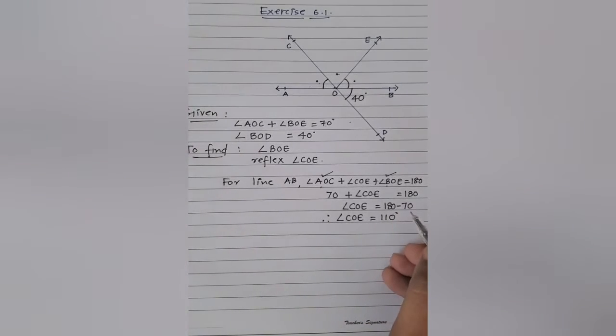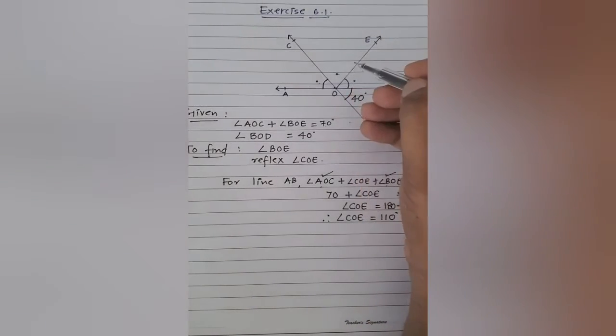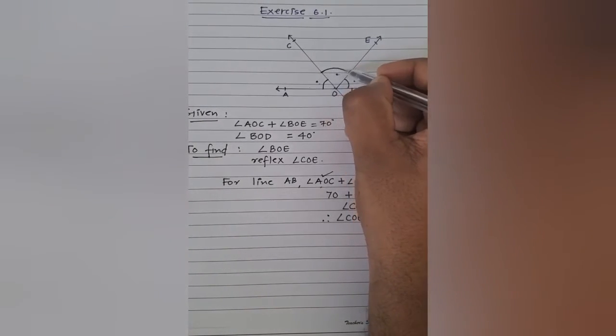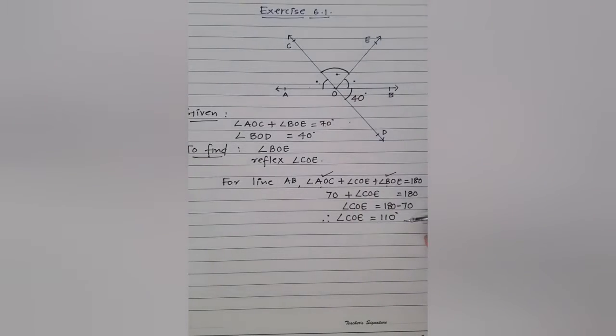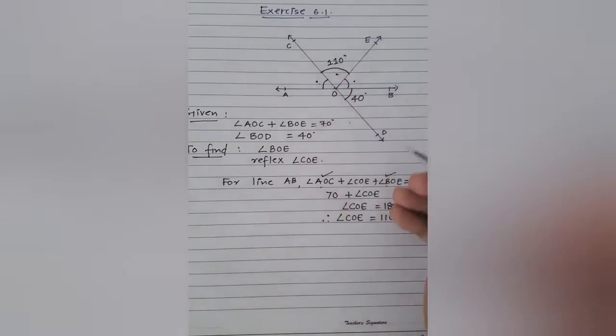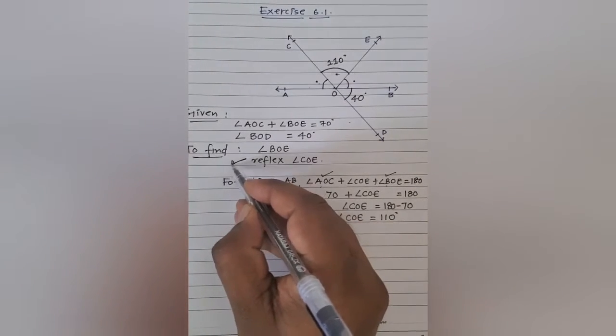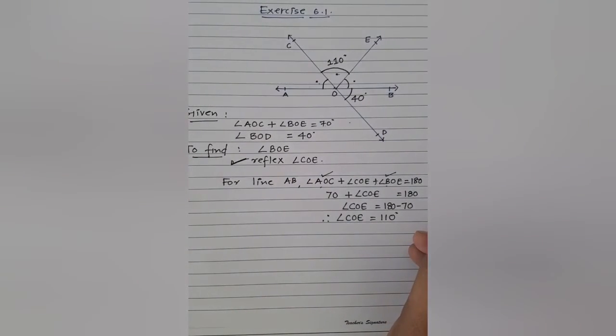Therefore, angle COE will be 110 degrees. So what we did as of now is find angle COE. But is that what needs to be found? We have found that angle COE is 110 degrees, so I'll mention that here. Now, we have been asked to find the reflex angle COE. Reflex angles make up a sum of 360 degrees.